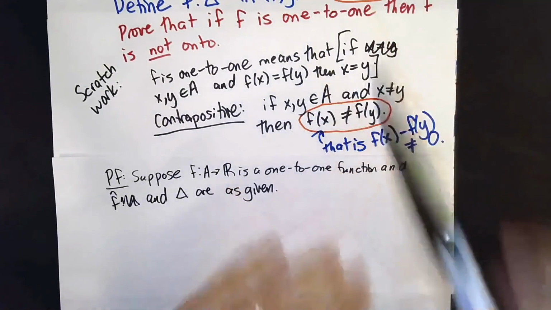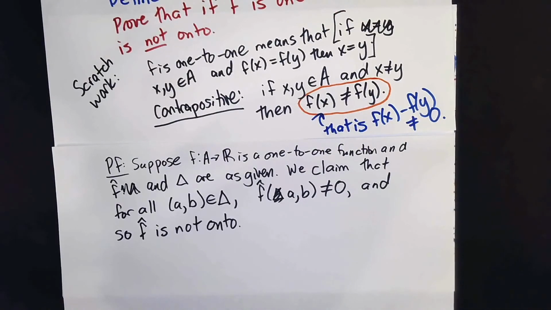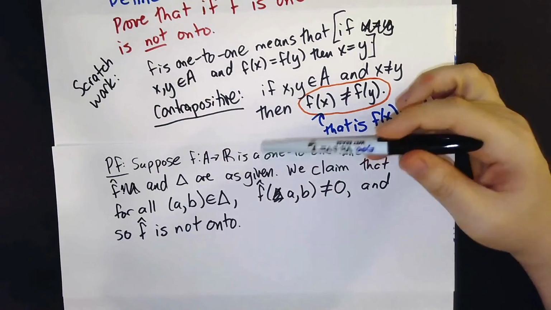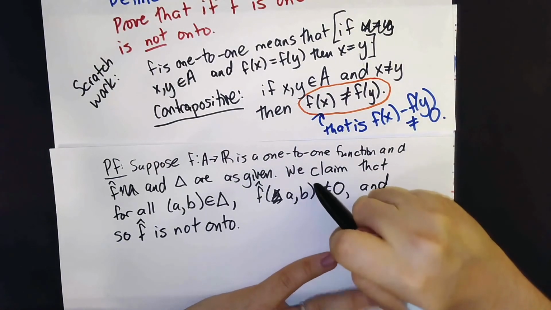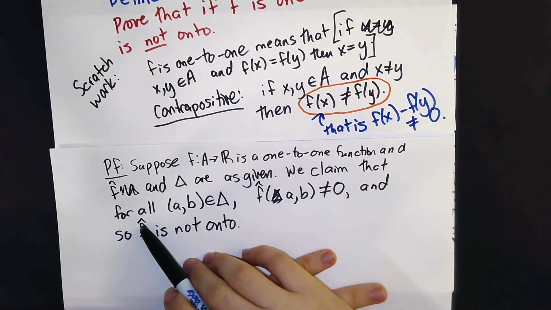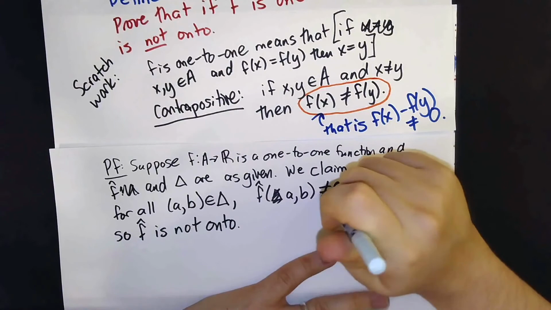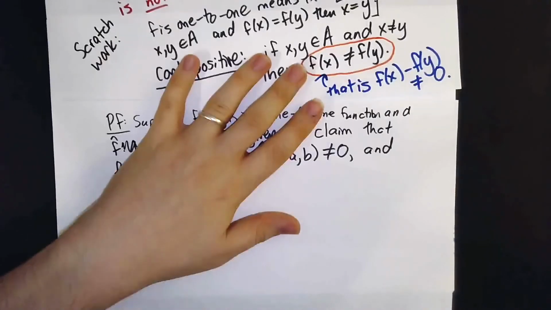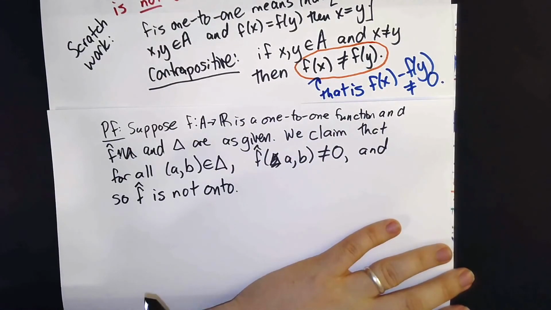Here, the question is weird enough that we need to tell the reader what's going on right up front. Namely, the first thing we're saying after the setup is, okay, this is what I'm going to show you. I'm going to show you that every input here does not map to 0. And once I've shown you that, I've shown you this thing is not onto. This tells the reader what to expect.